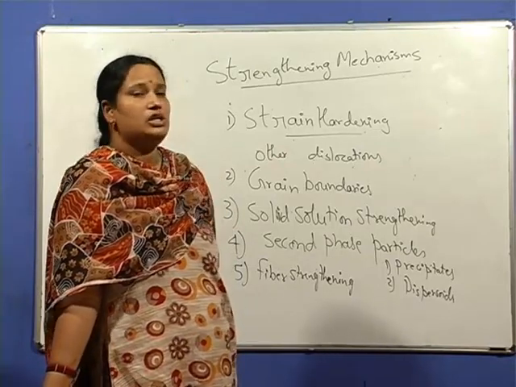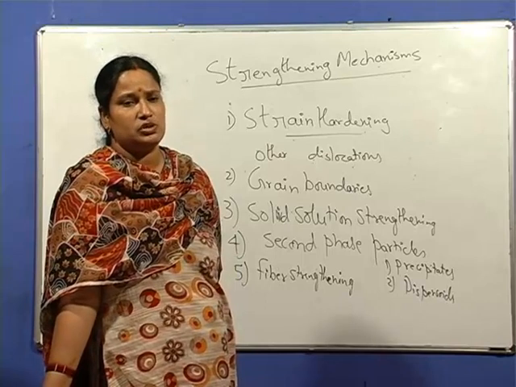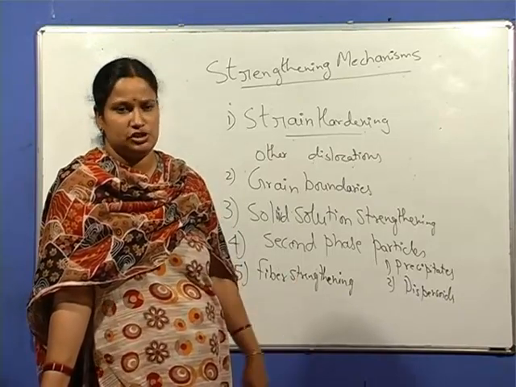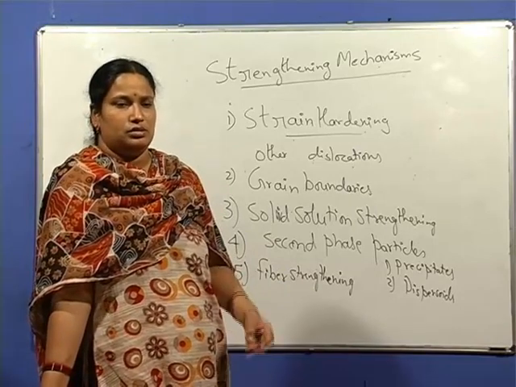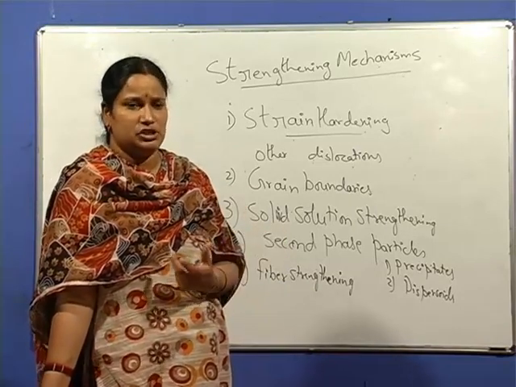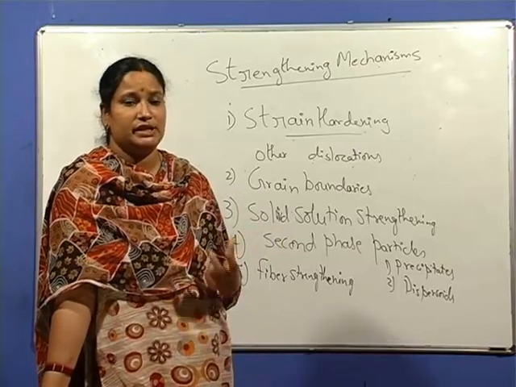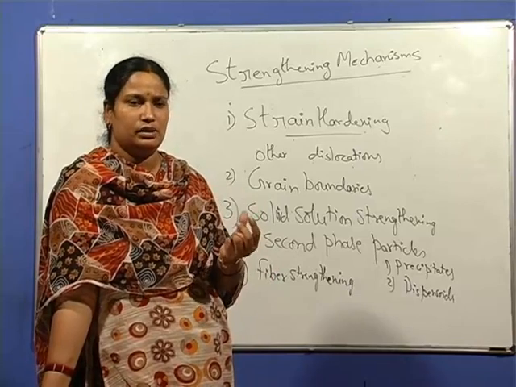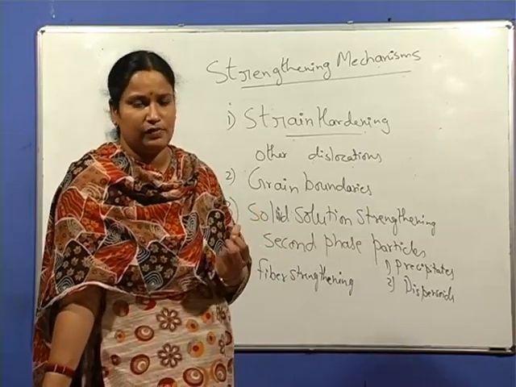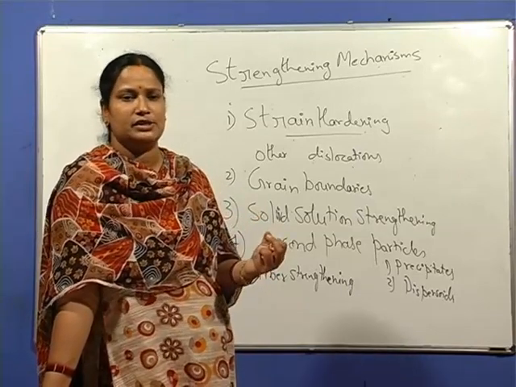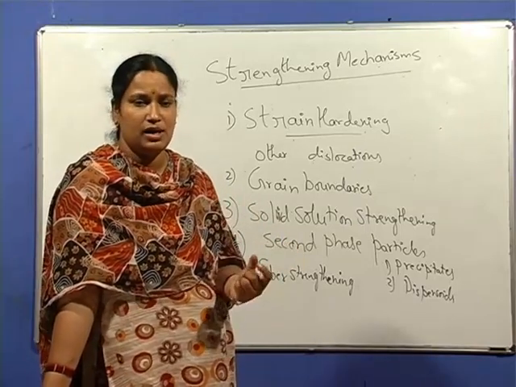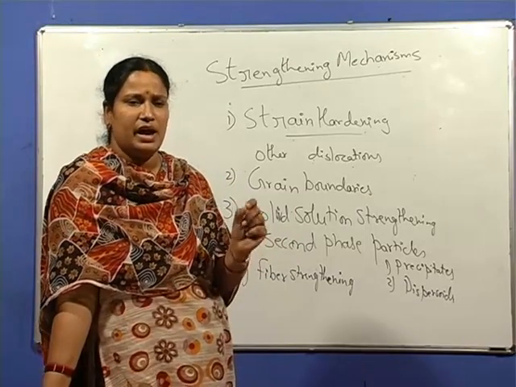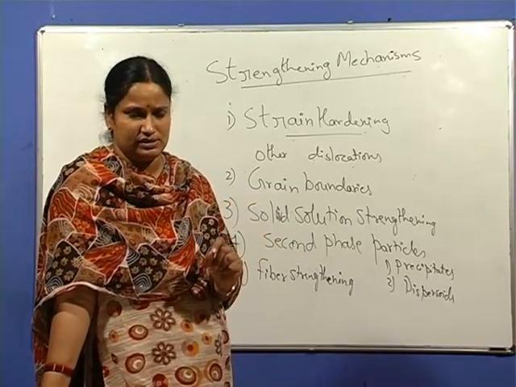Next is solid solution strengthening. Solid solutions are of two types, substitutional and interstitial. These create lattice strains because the solute is slightly larger or slightly smaller than the solvent atom in the case of substitutional, and in the case of interstitial it is much smaller than the solvent atom and occupies the interstitial sites.